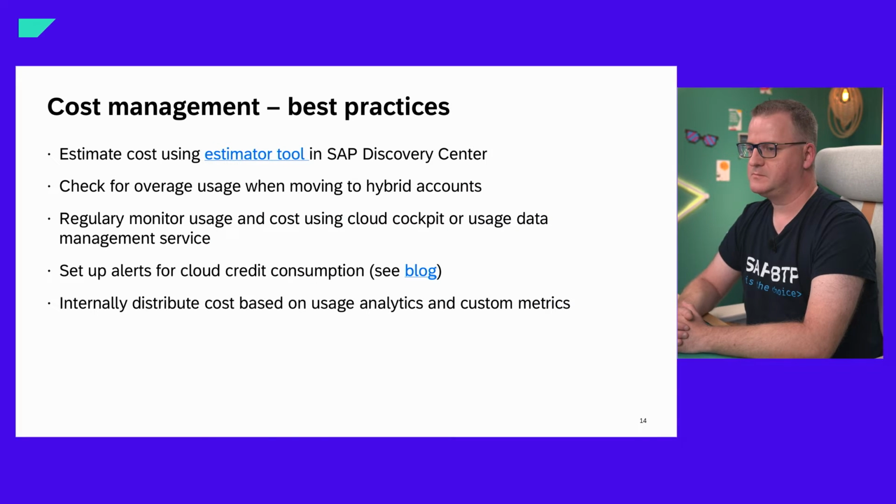You can also use the API to set up alerts when your cloud credit consumption reaches a certain level or is actually exceeding the available cloud credit amount. Here we have linked a blog which describes how to set up these email alerts.